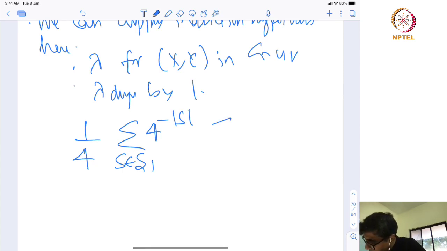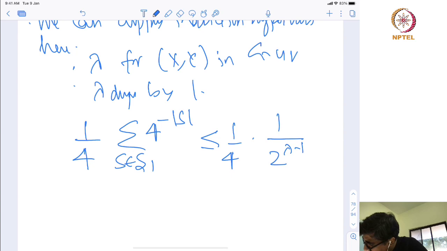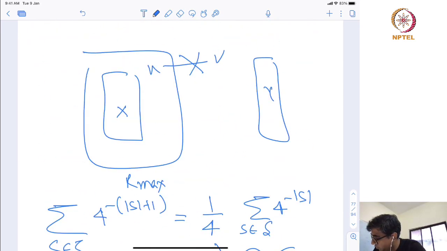which is less than or equal to 1 by 4 times 1 by 2 to the power lambda minus 1, which is equal to 2 to the power minus lambda divided by 2, right?